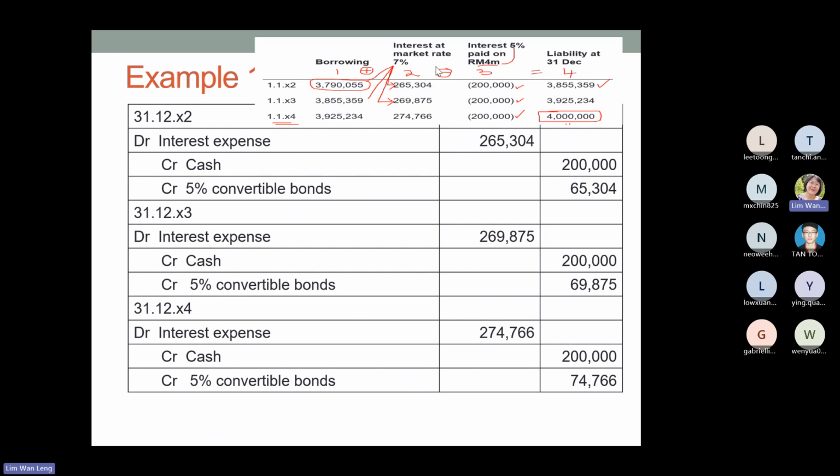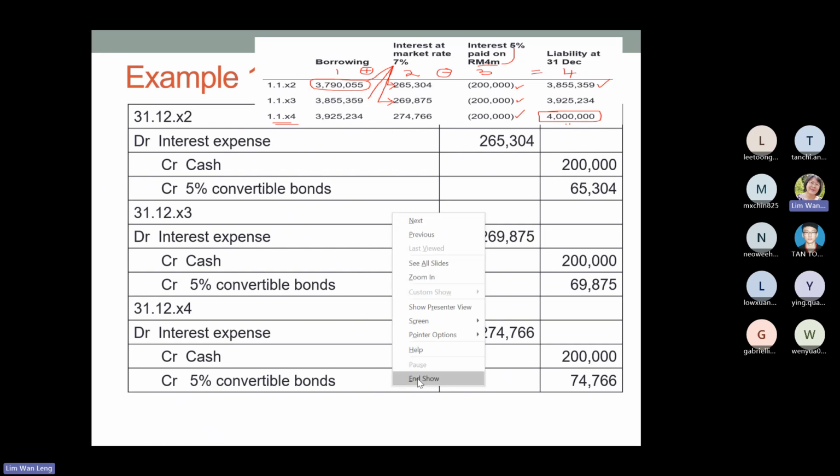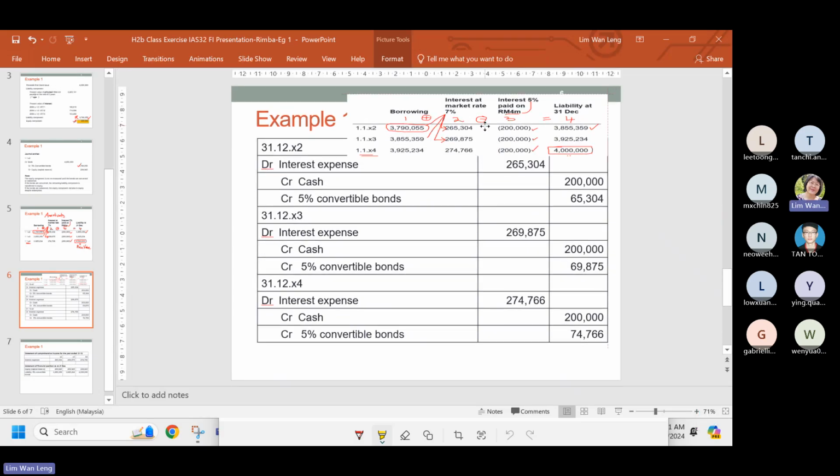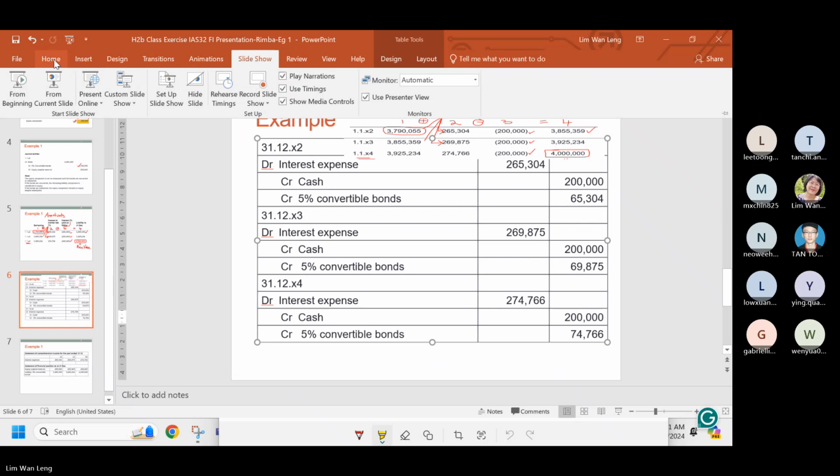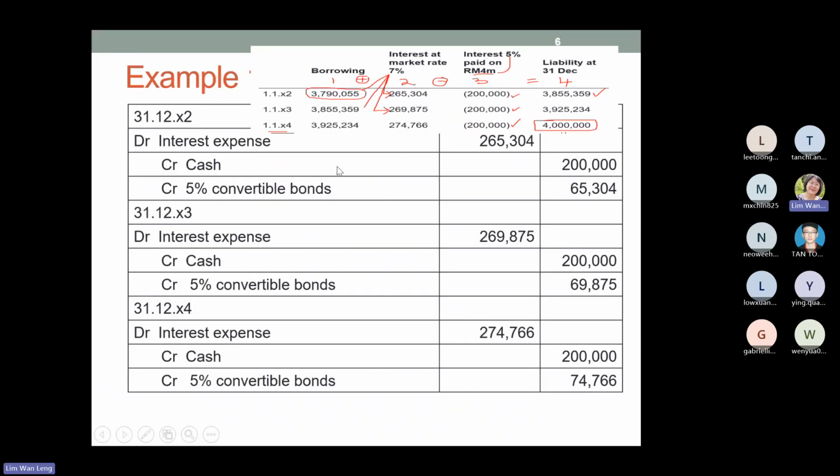This was the amortization table that we have provided. Just now we started off with the liability component, then took the effective interest rate at 7%, and knocked off the interest that was paid based on the coupon rate.